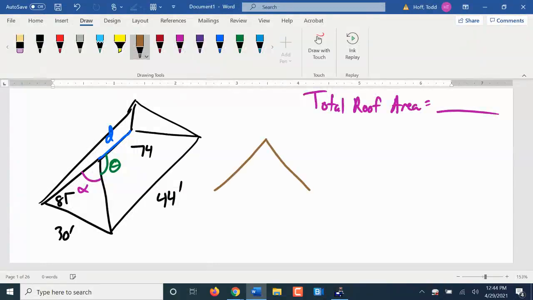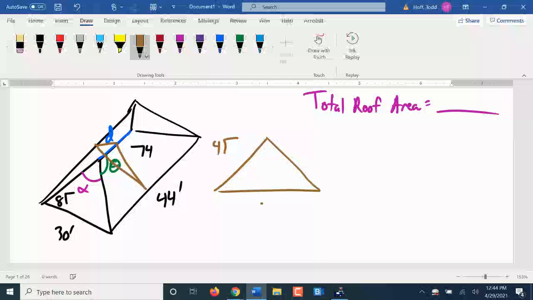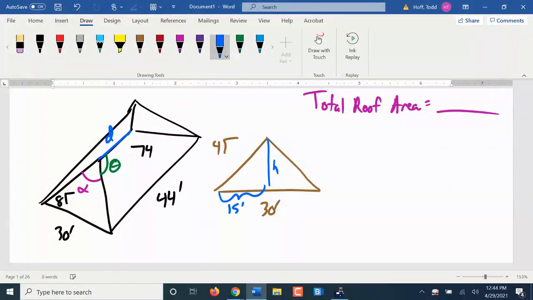So the common rafter is out here in the main roof like that. That has a 4/12 slope and a 30-foot span. This is just our span. So to find anything out about it, we need our height right there. And our run is going to be half of the span, 15 feet.